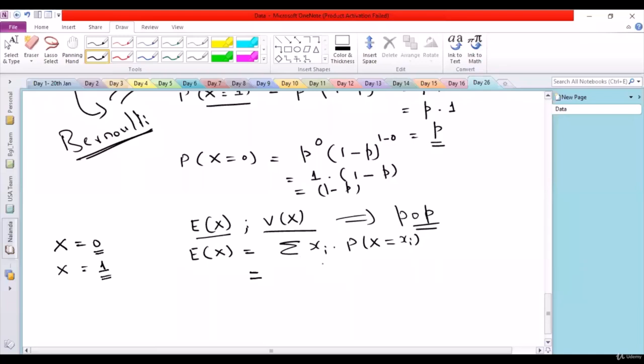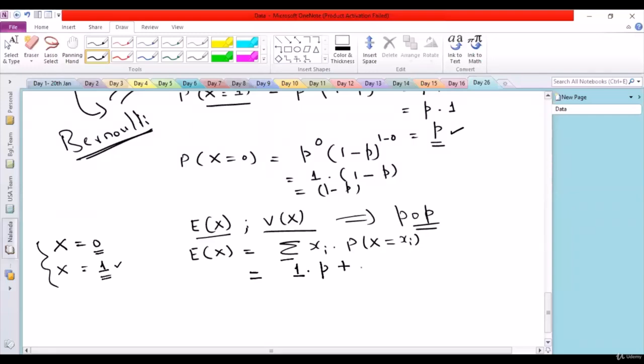So the first xi value is 1, for success: 1 multiplied by, when xi equals 1, what will be my probability? We got it as P. Since it is sigma, I have to apply the same formula for both the values.